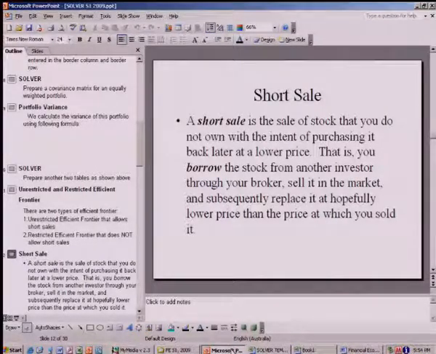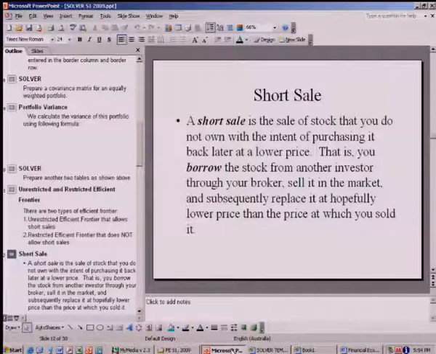So if your expectations come true, you will be able to repurchase the shares at the lower price and return them to the original owner, while initially, when you borrowed from them, you sold them at the higher price.